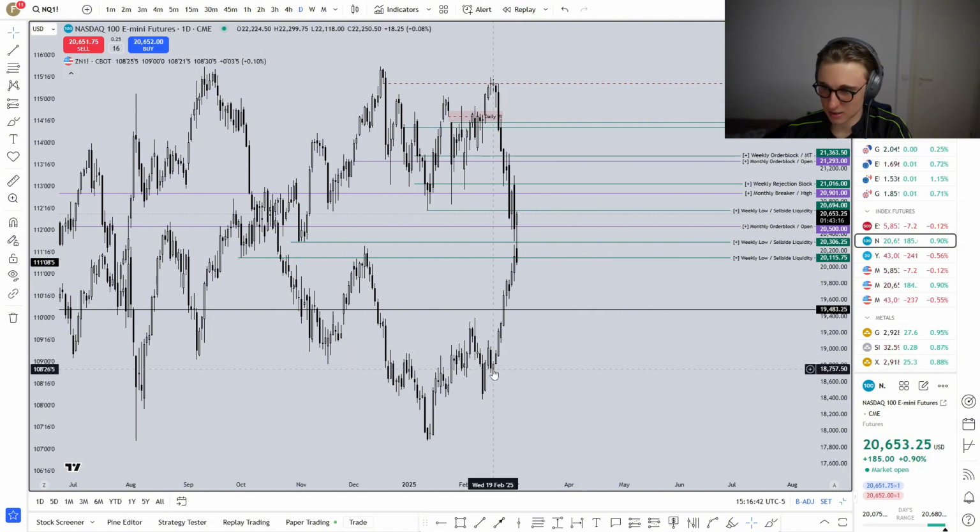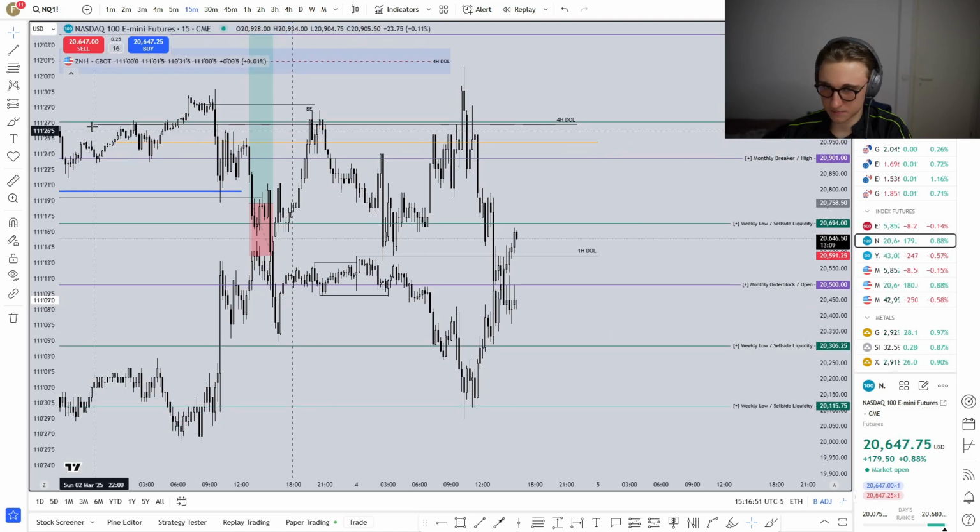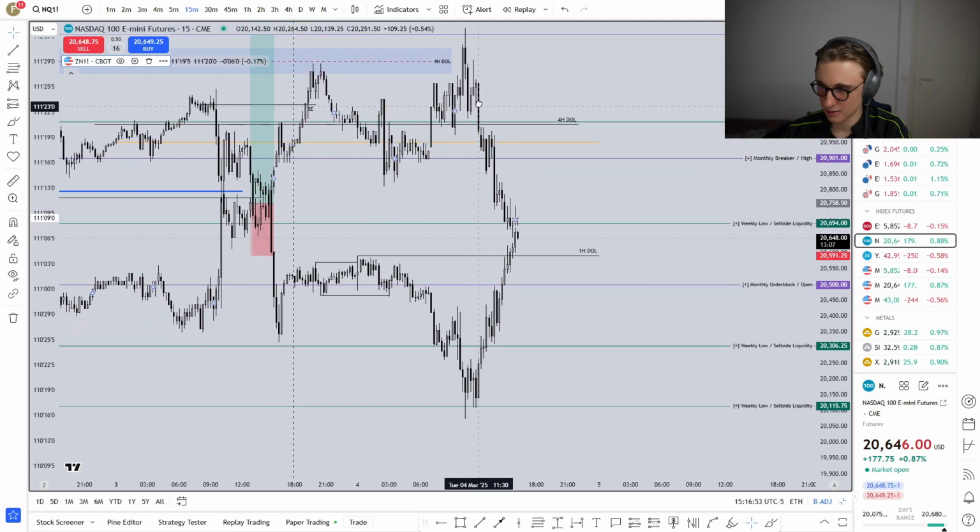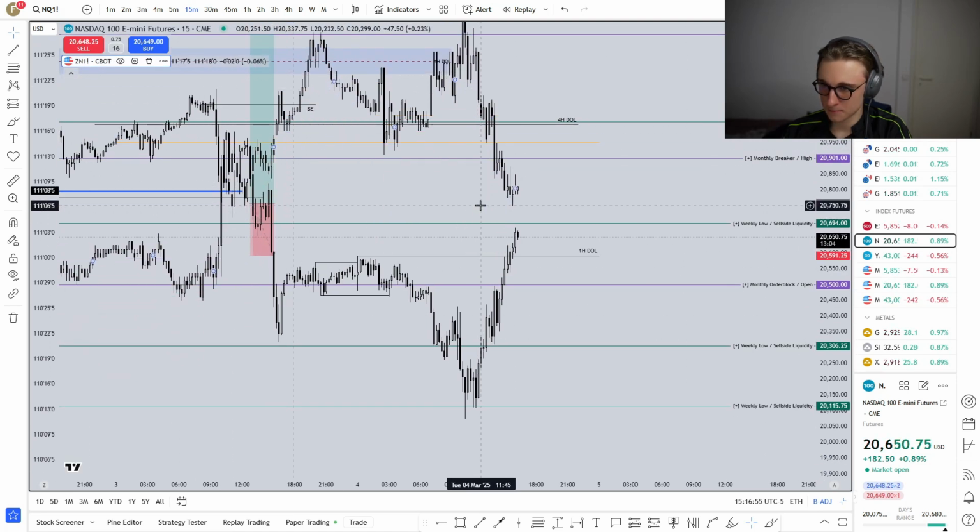Now we're seeing a decoupling. Equities are trading lower. T-bonds are rallying massively. But you can see market started to displace as we were consolidating.